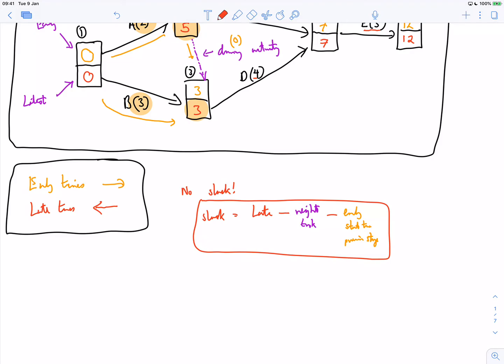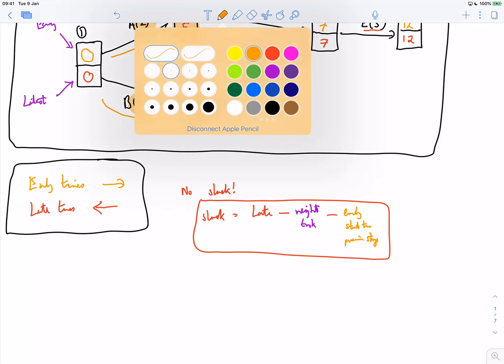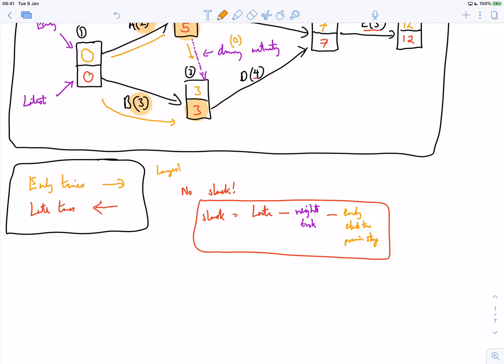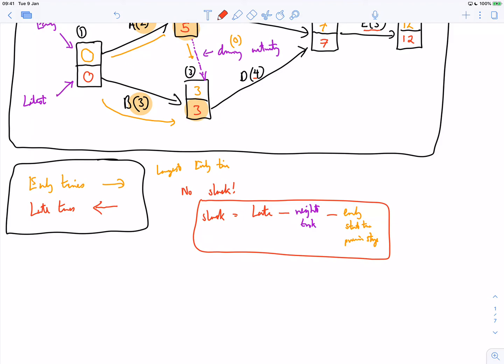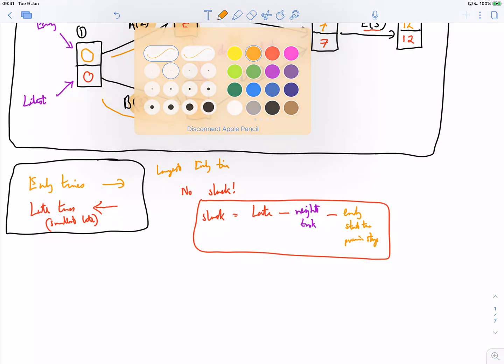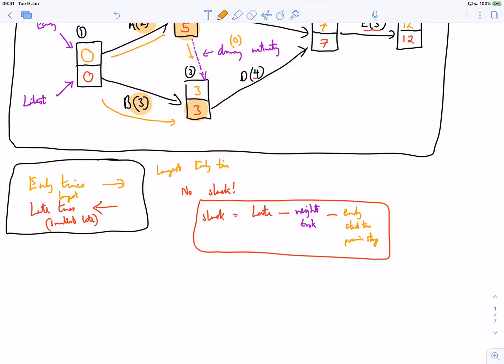So whenever we're working to the earliest, we always want the largest early time, and whenever we're working to the right, we always want the smallest late. So we always want the largest earliest time and the smallest late. That's really important.